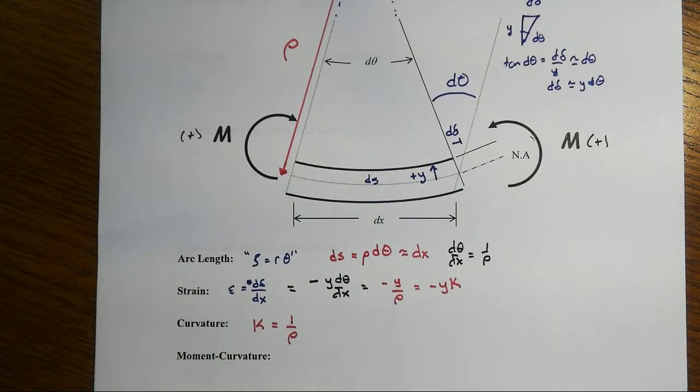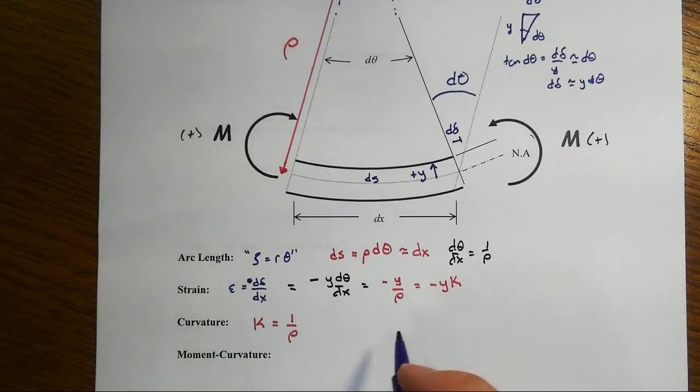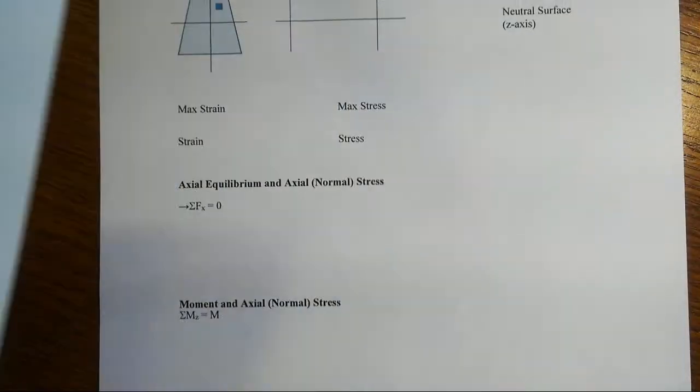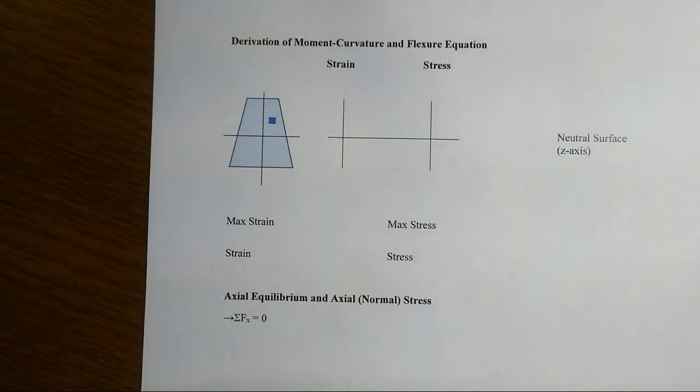And what we're going to derive on the next page is that the moment is equal to E times I times the curvature. E, the elastic modulus, as in Hooke's law, I, the second moment of area of the cross section, and kappa, the curvature. Right? This is all built up. We're going to need all of these at hand as we go to the next page and start doing some statics and also a little bit of mechanics of materials.